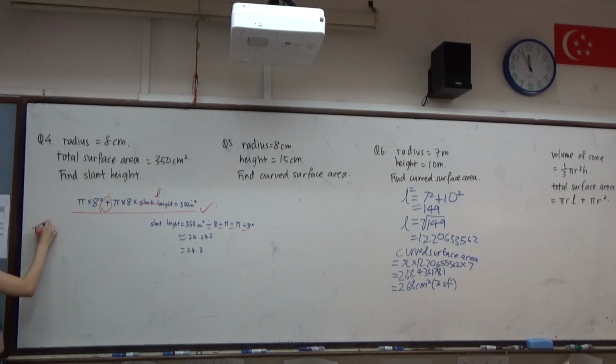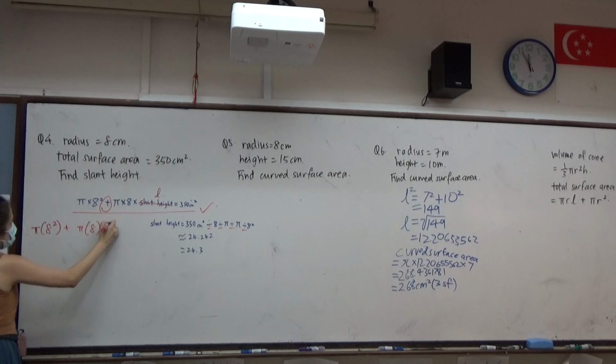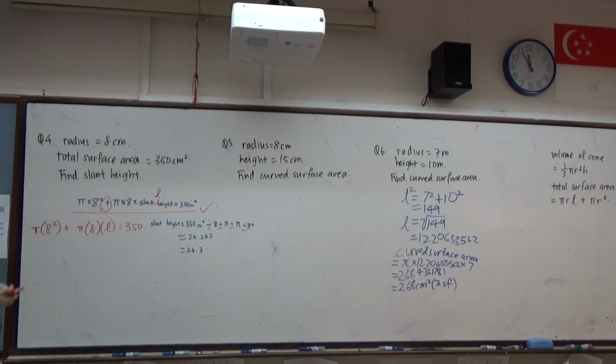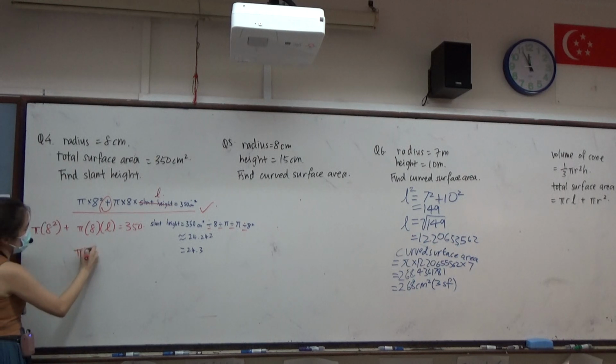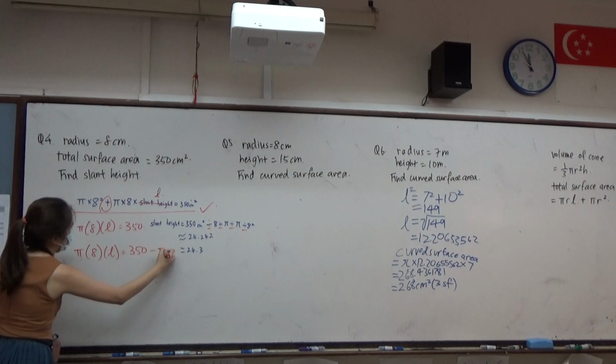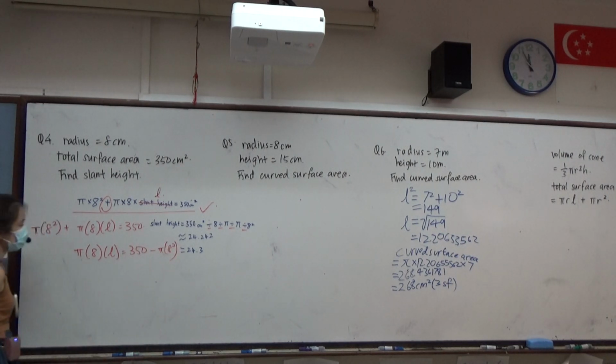So pi times 8 squared plus pi times 8 times L equals 350. What we need to do is to get rid of the pi 8 squared first because it is a plus. So we need to minus away before we can tackle the curved surface area portion where the slant height lies. So I need to take pi times 8 times L equals 350 minus pi times 8 squared.